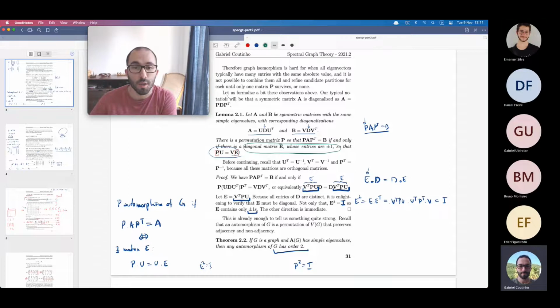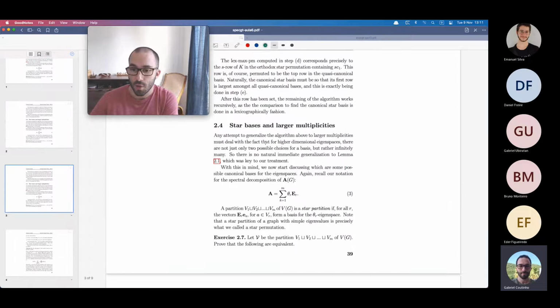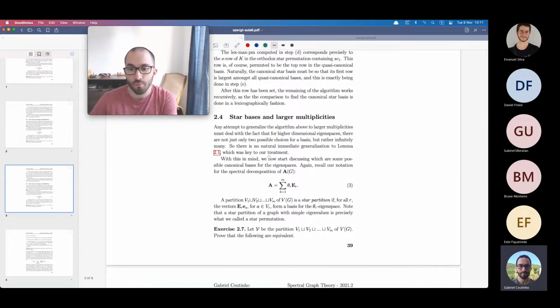And this was quite important to the proof that the canonical star basis thing actually worked. So there is no analogue to that, and that is a problem. So with this in mind, the topic of today's class is to discuss how you can find canonical bases for each eigenspace. Okay?